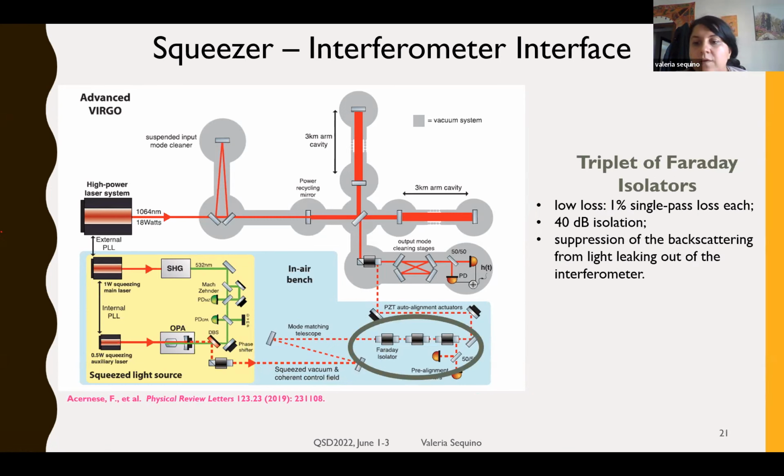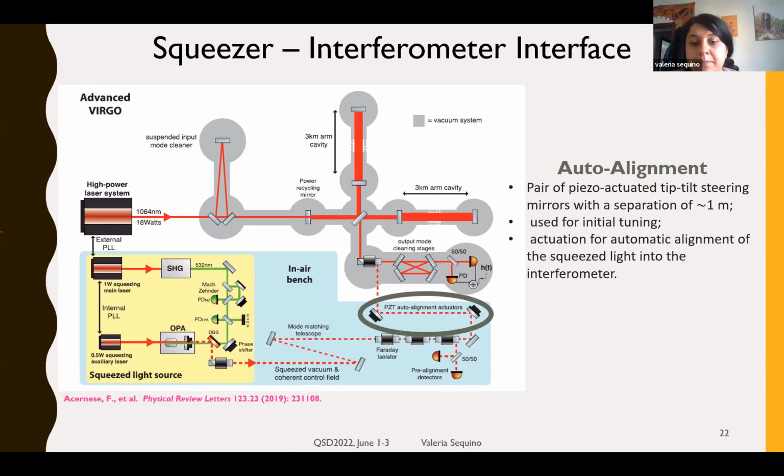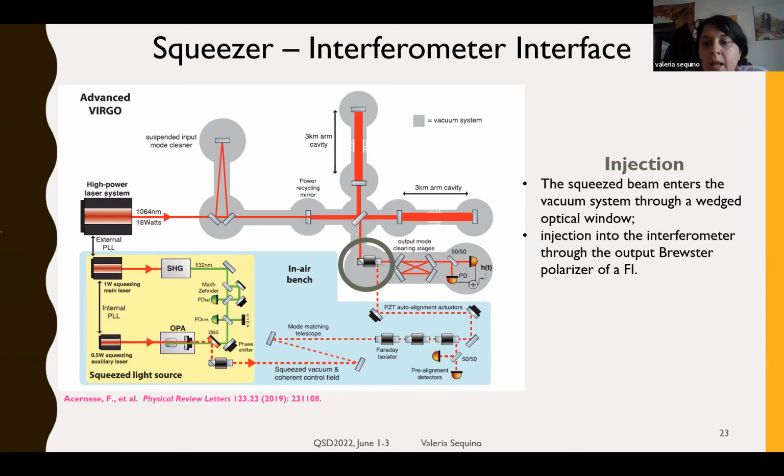There is a triplet of Faraday isolators, each of them with 1% of losses. They contribute to 40 dB of isolation, the suppression of backscattering from the light leaking from the interferometer. Moreover, there is an auto-alignment system composed of two mirrors with a separation of 1 meter. They are used for initial tuning, and they provide the actuation for automatic alignment of the squeezed light into the interferometer.